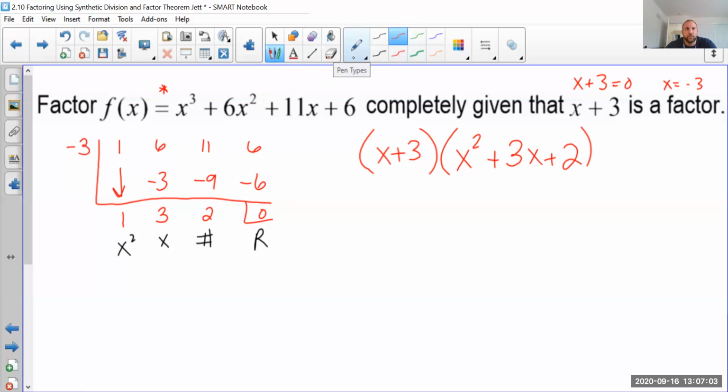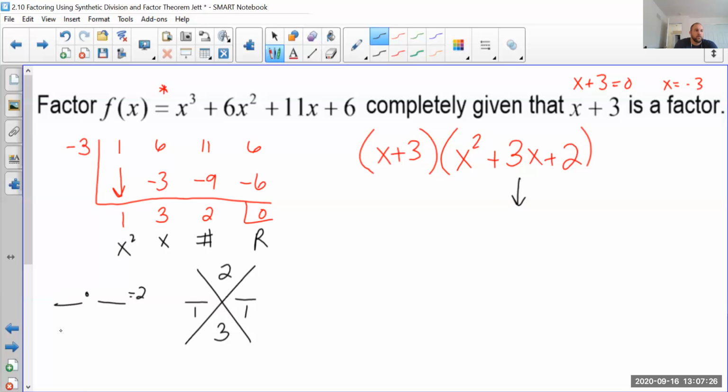Now, it told us to factor completely. Can I factor x squared plus 3x plus 2? Let's try. Let's use the x method. Can I multiply into 2, add into 3?